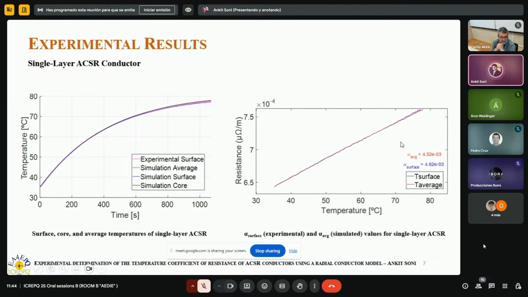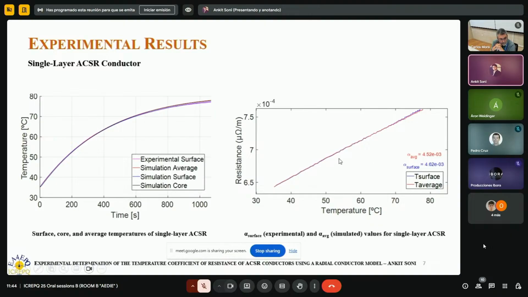Because of these differences, there is always a change in the thermal coefficient of resistance, which is very important to predict the actual resistance at different temperature levels and different current levels. We are seeing here it's always decreasing from 4.62 to 4.52.